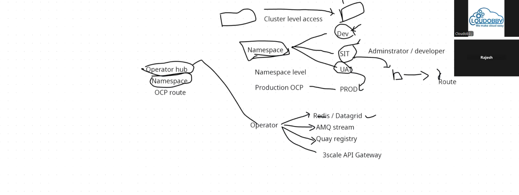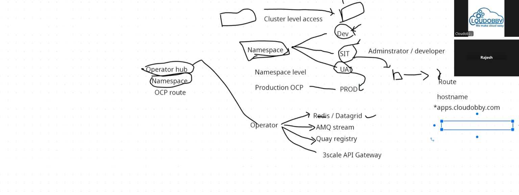The host name can be, for example, apps.cloudbobby.com. Okay, this is my host name, for example. Now, whatever route I create, say I have deployed a UI container, it becomes ui.apps.cloudbobby.com.